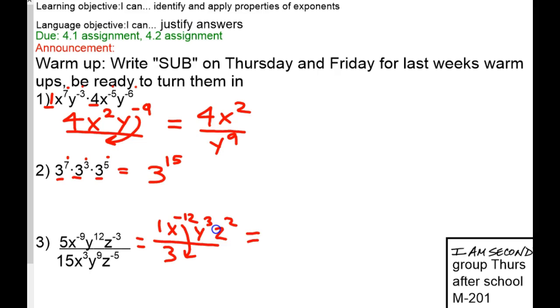It's implied. You don't have to. So it's really just y cubed z squared over, that 3 is still on the bottom, and then x to the negative 12 goes down. Okay? Becomes x to the positive 12.